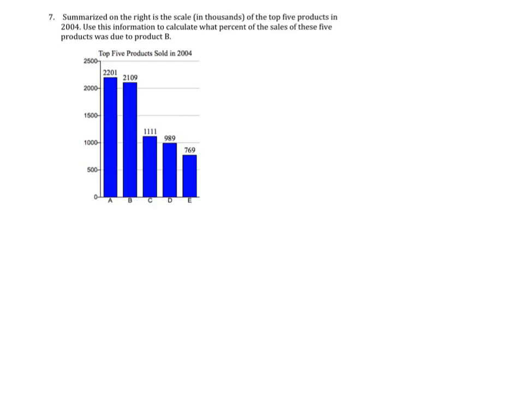Question 7. Summarized on the right is the scale in thousands of the top 5 products in 2004. Use this information to calculate what percent of the sales of these 5 products was due to product B. I want to find what percent of sales the 5 products was due to product B. Therefore, I need to find the total sales of all 5 products.